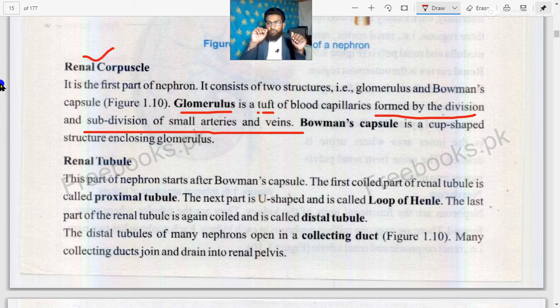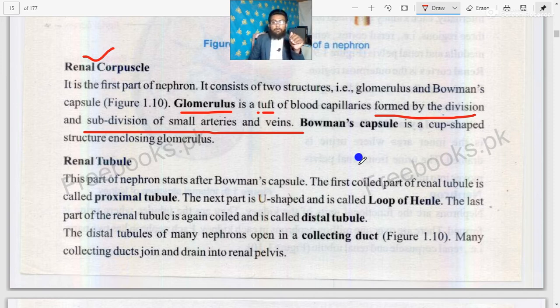So, when the renal arteries enter our kidney, they are divided into smaller tubules, which form a cluster-like structure. They form a tuft, a cluster, a network. This network, this tuft and cluster of capillaries is known as glomerulus.